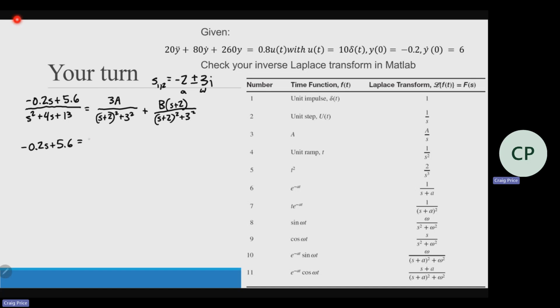You fixed it? So B is negative 0.2, and A is just, is this still wrong? Wait, is A just 2? Is A 2? A is 1?